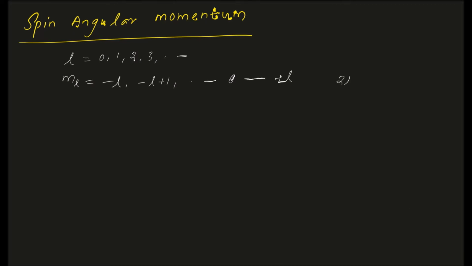So there can be 2l plus 1 values for this m_l quantum number.